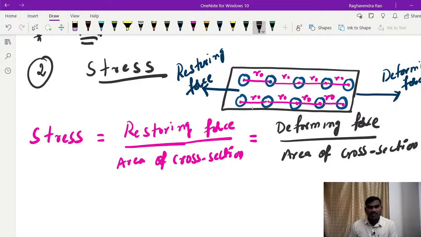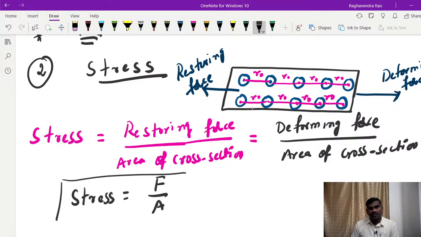So stress is equal to restoring force by area of cross section, or deforming force by area of cross section. Now we can write stress is equal to F by A. Here A is nothing but the area of cross section.